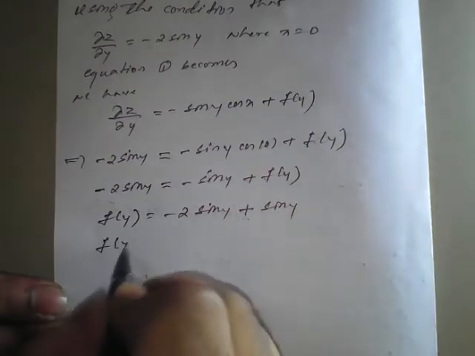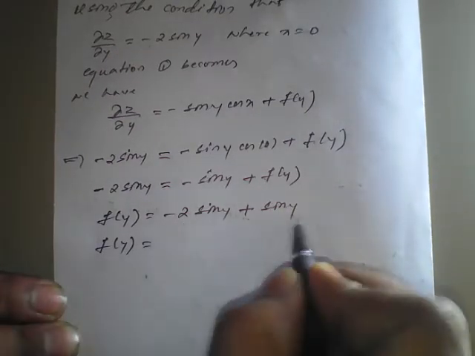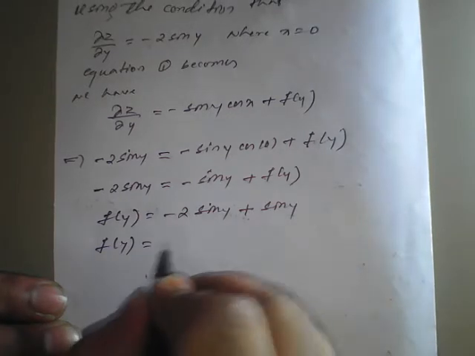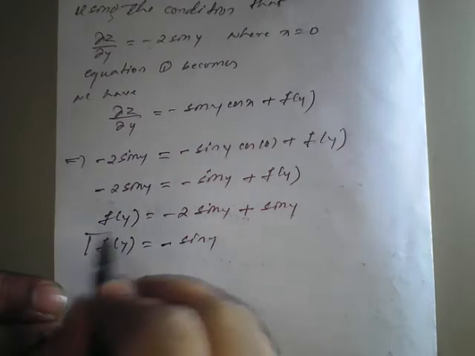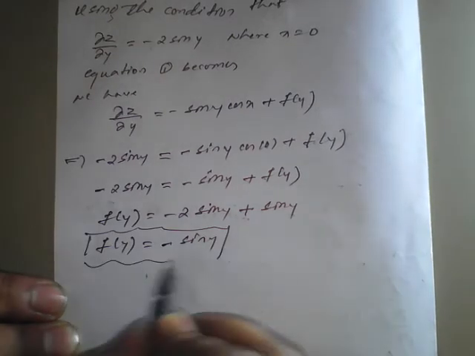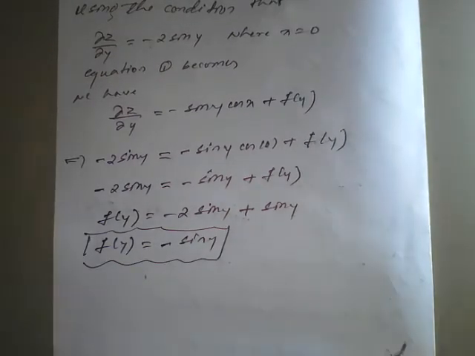So f of y is equal to minus 2 sin y plus sin y, which is minus sin y. So with the help of the first condition we got the answer for small f of y. We'll keep this as it is, and apply it when required.